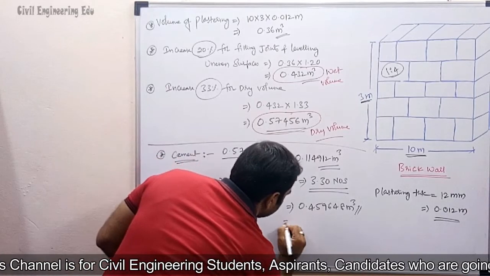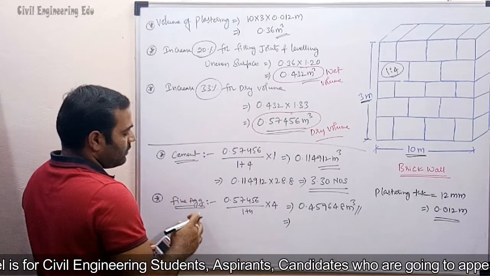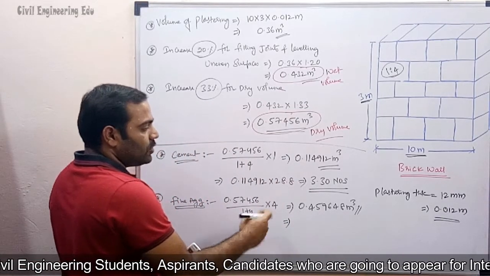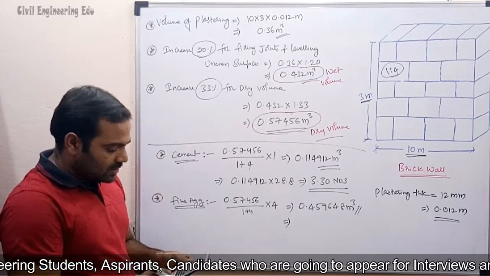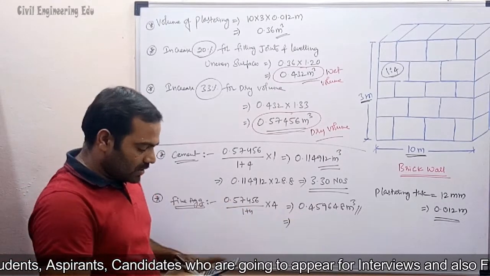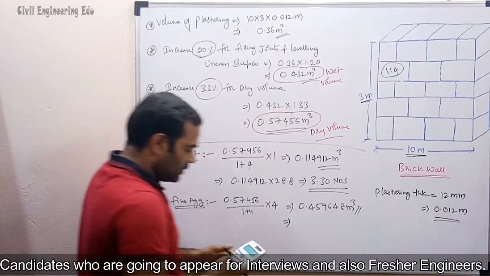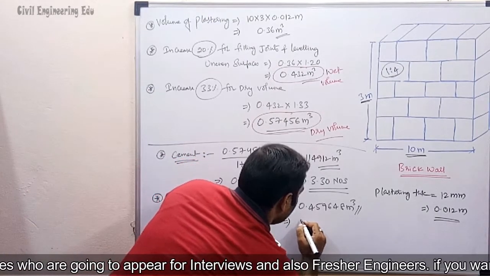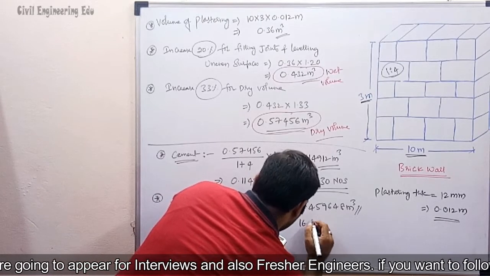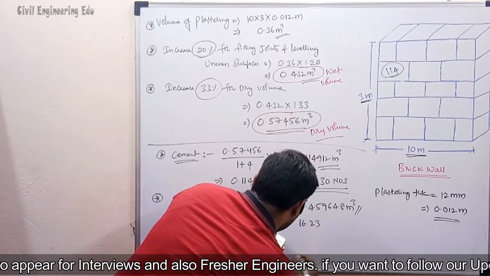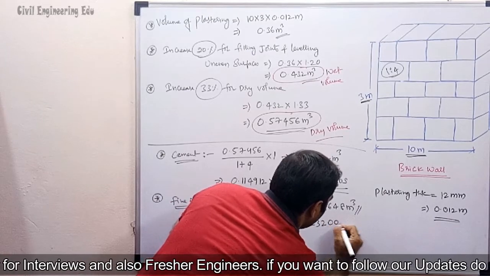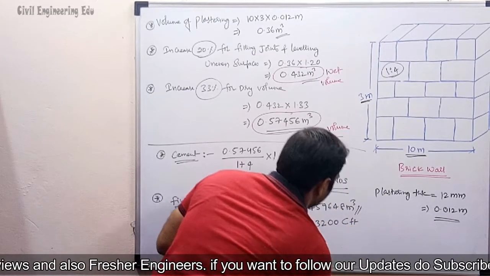Fine aggregate is calculated in cubic feet or in tons. So simply we will multiply this with 35.314, and we get 16.232 CFT.